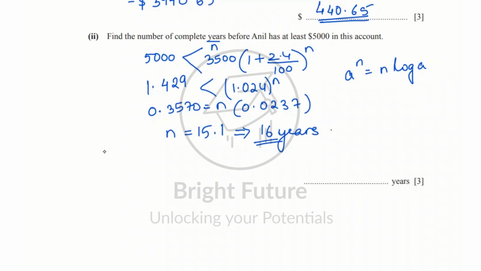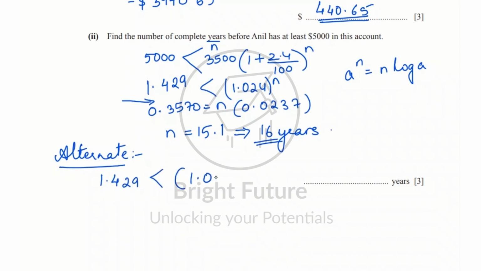If you don't want to use log, another alternate method is trial and error, where you find the value of n till it is greater than 5,000. So till here we'll do the same. So we get 1.429 greater than 1.024 raised to n.